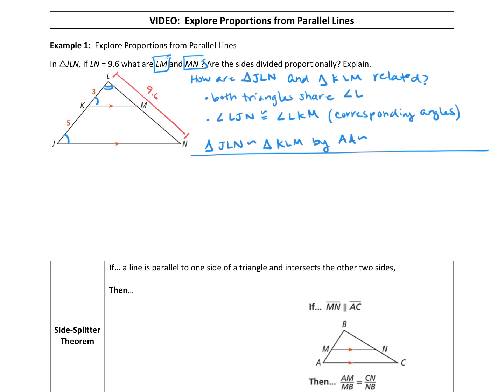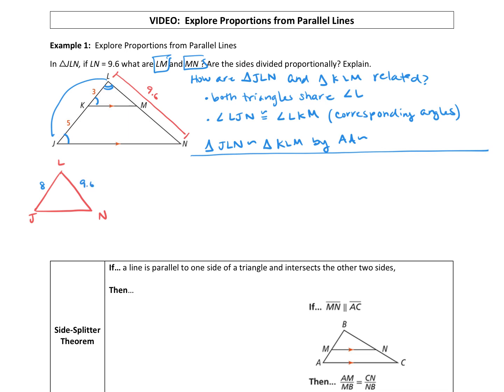I like to redraw triangles, so I'm going to draw the big triangle. Here is JLN. JL is this whole side right here, 5 and 3, so we know that is 8 units. And then LN they gave us was 9.6.